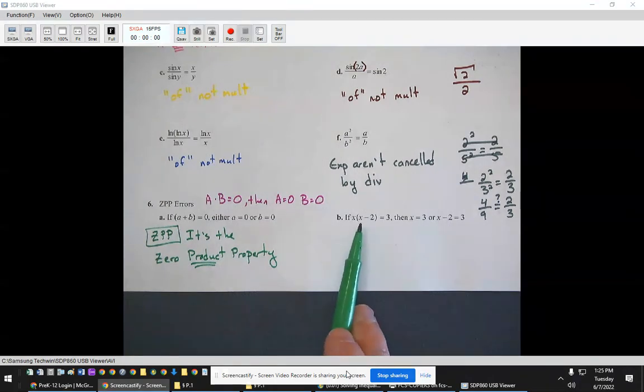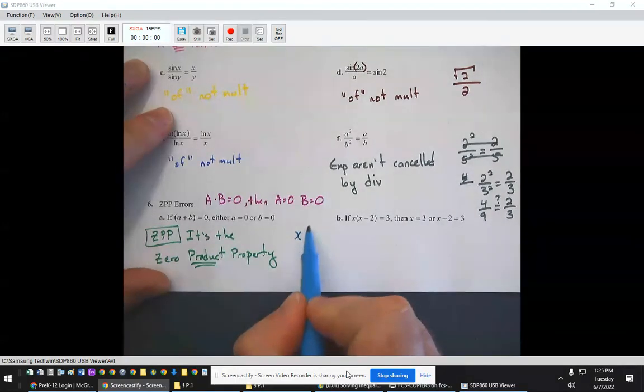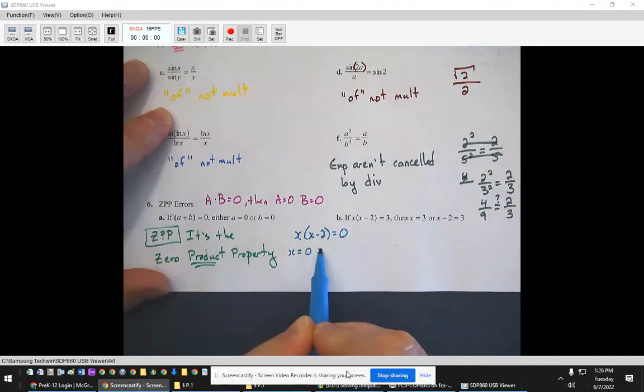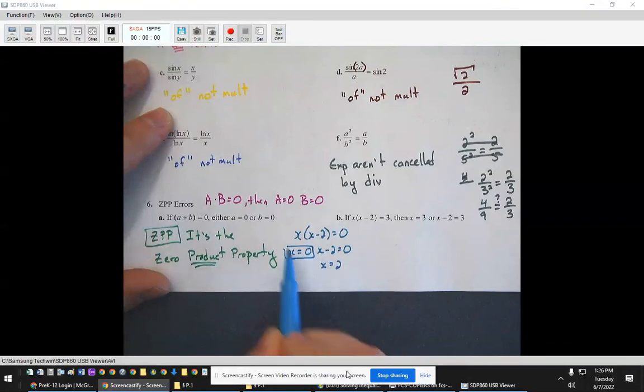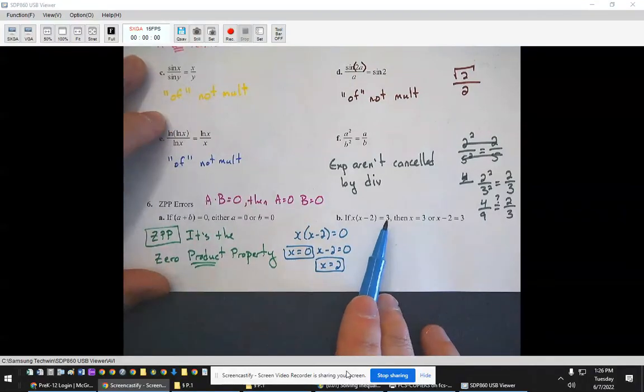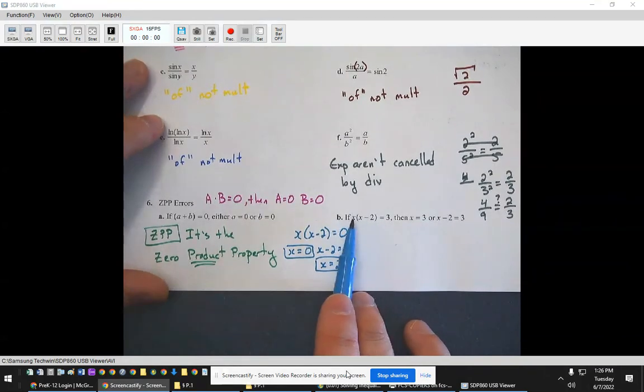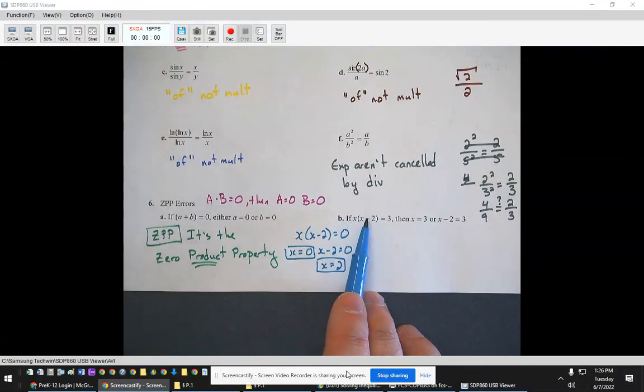And then if you go over here, a common mistake is that when you ZPP, remember how this works. If I had, let's say, x times x minus 2 equals 0, I'm allowed to say x equals 0 and x minus 2 equals 0, and then we would solve and we'd get our two answers. This doesn't work if your equation is equal to something besides 0, because there are lots of numbers that I could multiply together to get 3. I mean, 1 and 3 is obvious, but then what about 1/2 and 6 or 1/3 and 9, right?